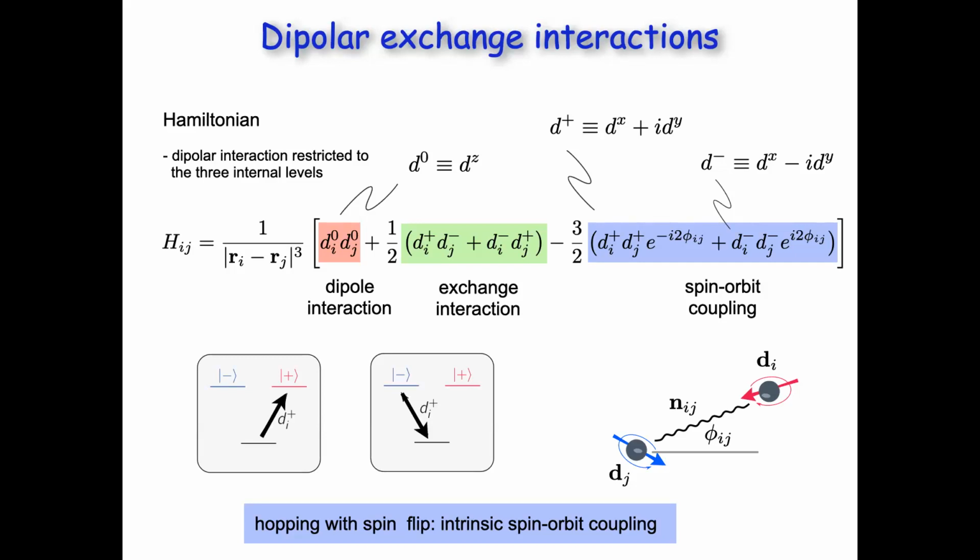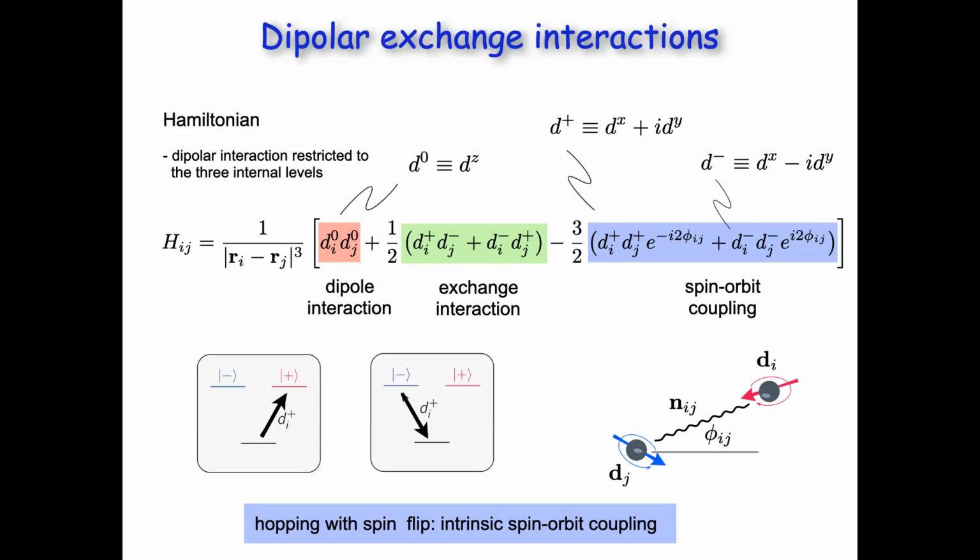And that tells us that if you have a minus excitation, you can de-excite it and excite a neighboring atom into a plus excitation. That changes the internal angular momentum by 2, and therefore we see here the phase 2 phi, the angle between the axis, which is the orbital angular momentum where it is transferred to.